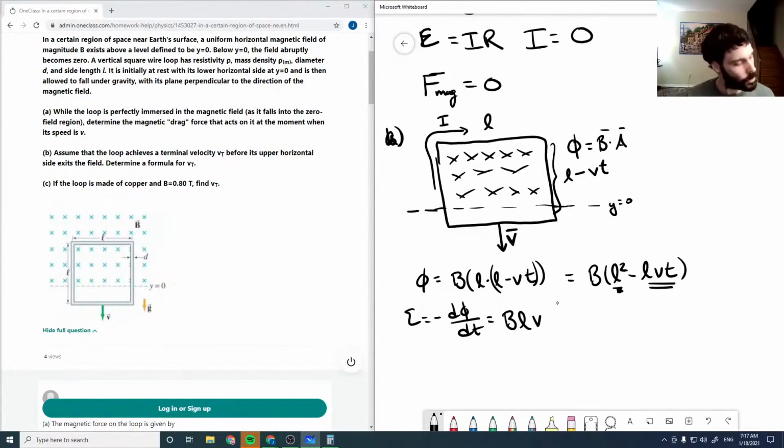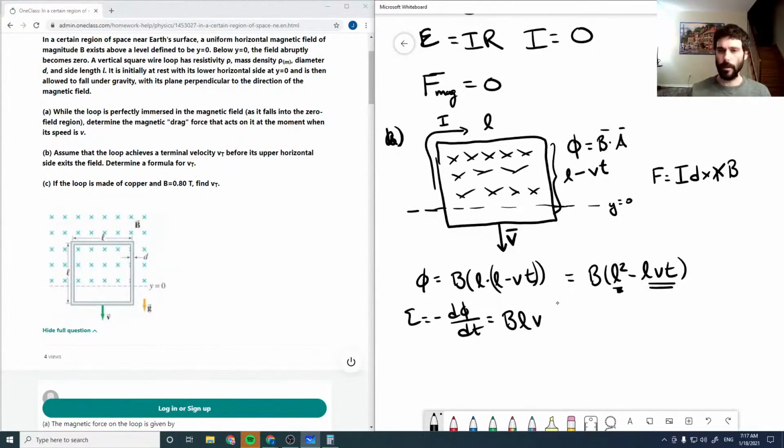We can double check this with some of the rules we know, as we know that our force is going to be I dx cross B. So we can use the right-hand rule.